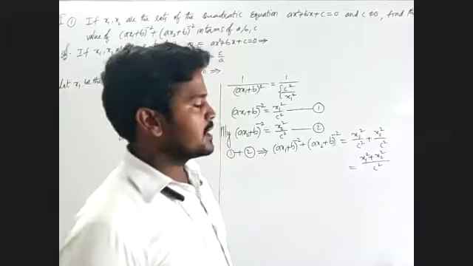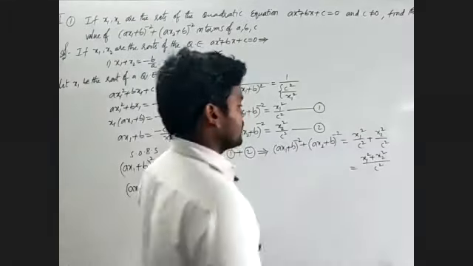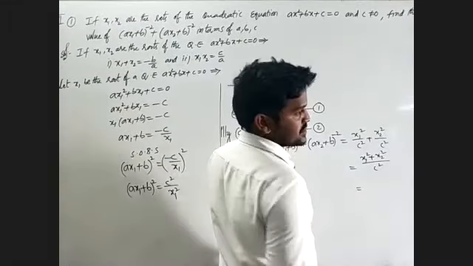We already know the formula a² + b² = (a + b)² - 2ab.